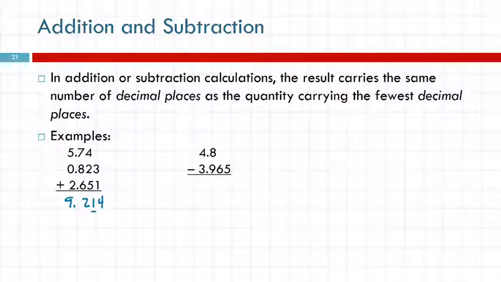I'm going to keep 2 decimal places. I look at the 4 and decide that I should round this to 9 point. That didn't go very well. 9.21.